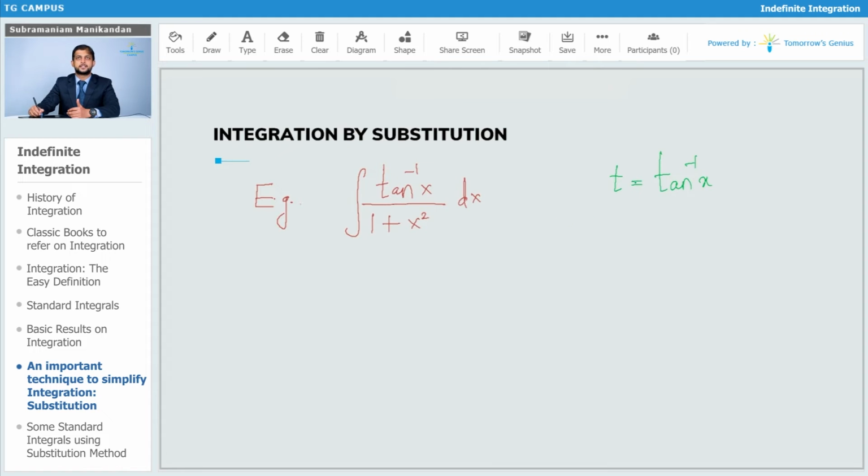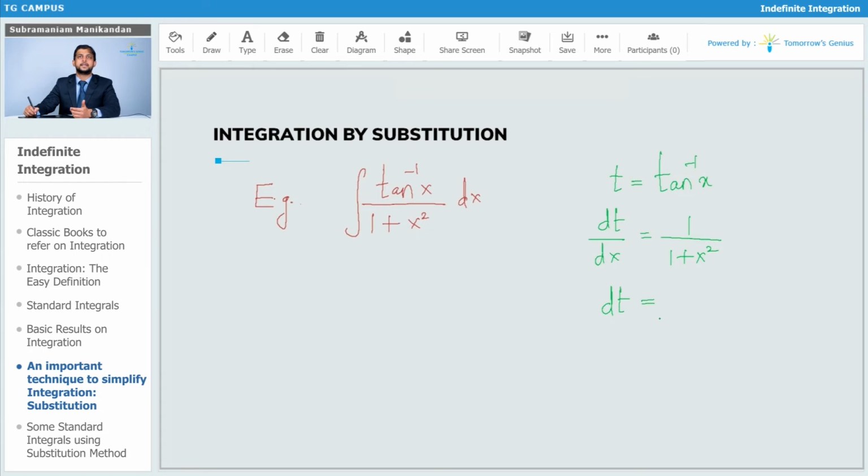If I differentiate this equation with respect to x, I get dt by dx is equal to the derivative of tan inverse x, which is 1 by 1 plus x square. Now dt by dx is the derivative of t with respect to x. However, it can also be considered as a fraction.